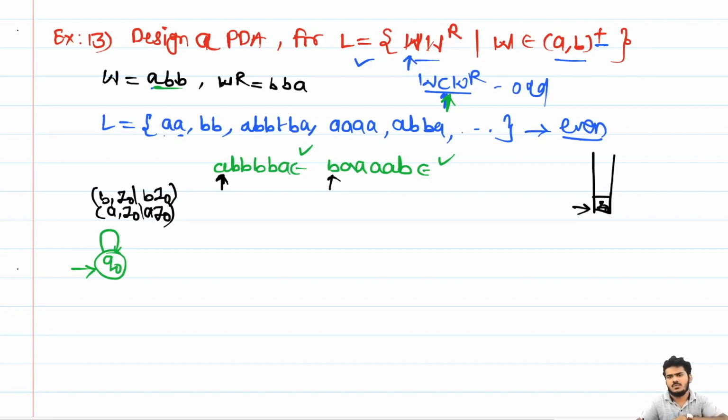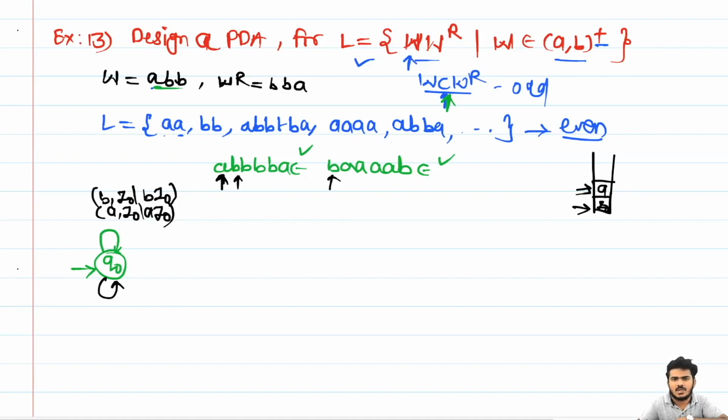Now suppose the stack contains A and the input is B. These are different symbols. Actually the problem occurs when the same symbol is there, meaning the top of the stack is the same and the input is also the same.